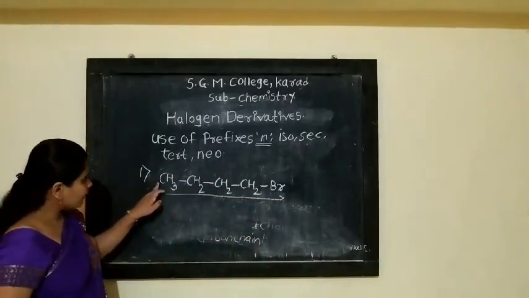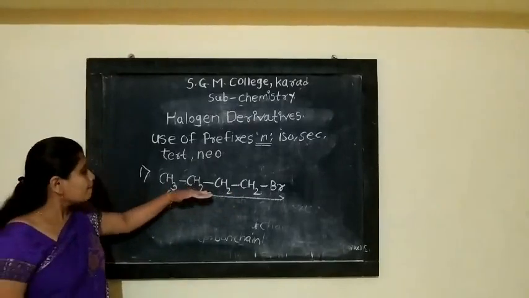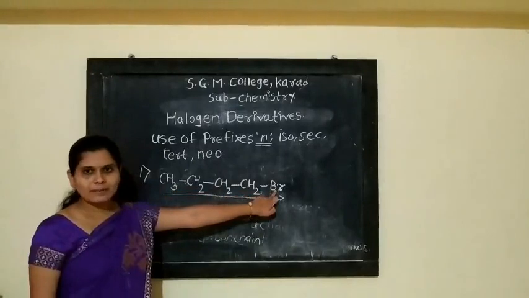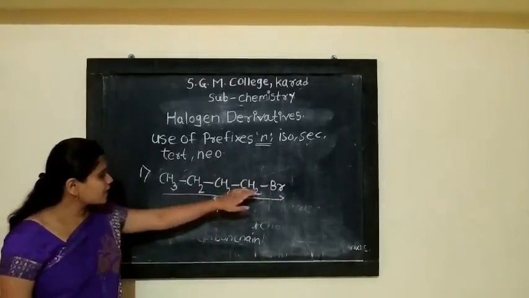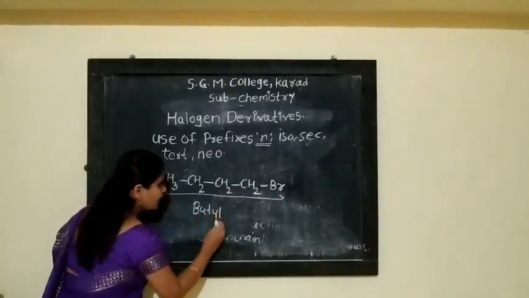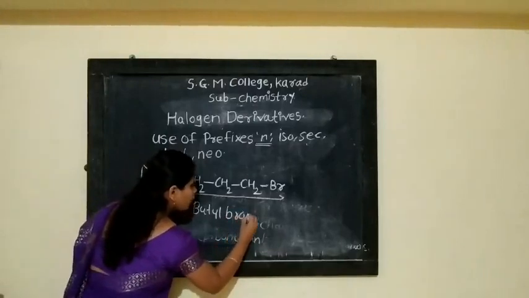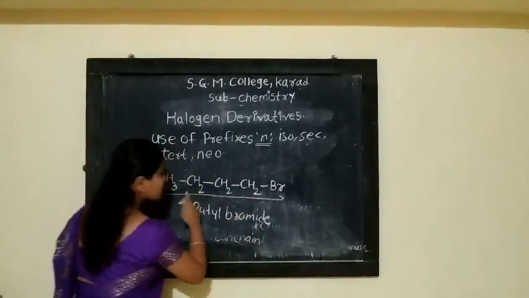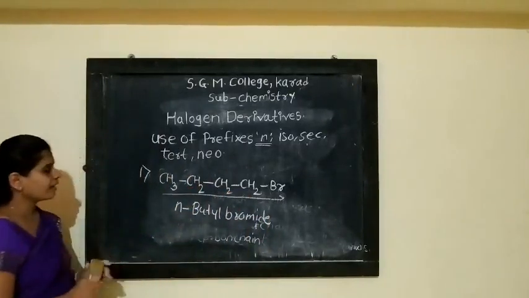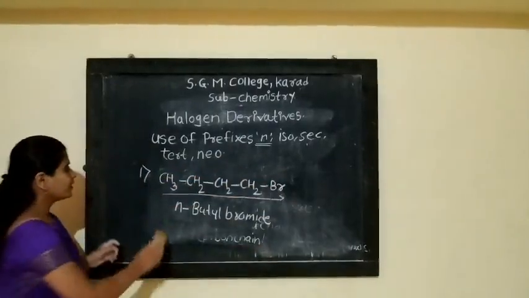The parent alkane group is butane, and one hydrogen is replaced by bromine. So the name of this alkyl group is butyl, and here the halogen is bromine. So butyl bromide, and this is a straight chain compound, so we can name it n-butyl bromide. So this is in the case of prefix n.